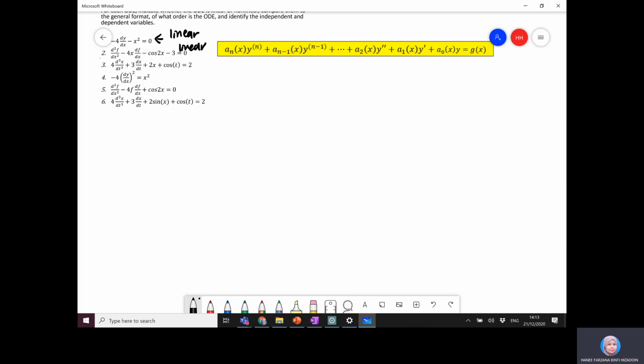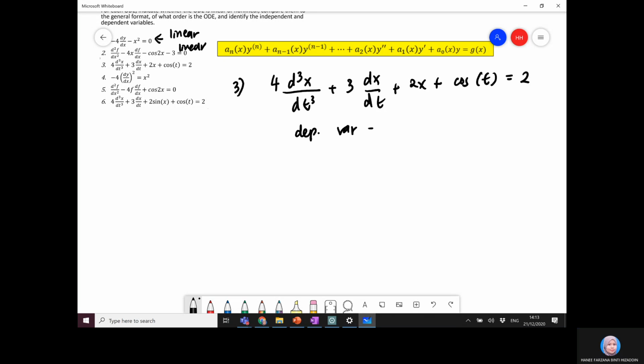Okay, let's do number 3. So here you have the third order, d3x dt cubed plus 3 dx dt plus 2x plus cos t equals to 2. So here your dependent variable is x and independent variable is t.